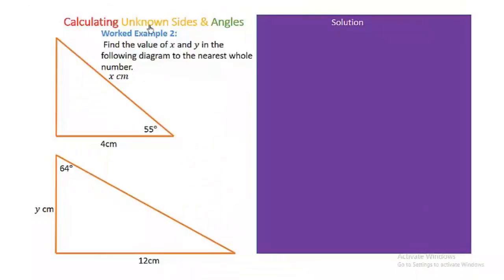You are finding the value of x and y in the diagram. So for the 55 degrees angle, we have the hypotenuse and the adjacent. So we use cos. The cosine of 55 degrees will be equal to adjacent, which is 4 centimeters over x centimeters.